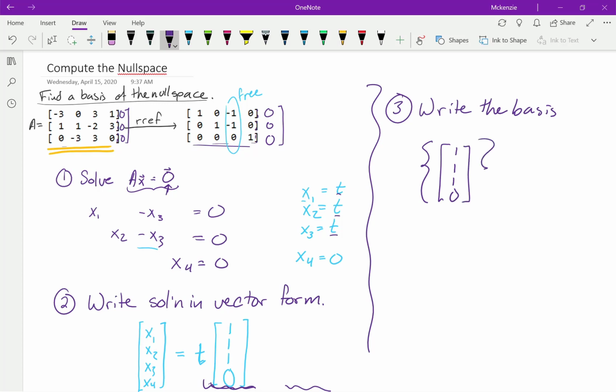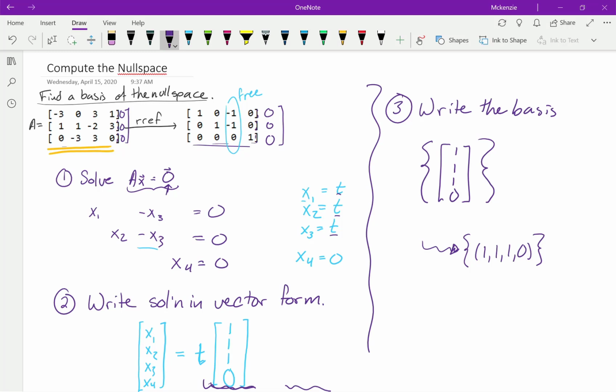We could also have written it in row form. Whenever we're working with vectors, we can write them in row or column form because it doesn't matter which order we're writing it in. Versus a matrix, it matters if it's a column matrix or a row matrix, because matrices have dimensions.